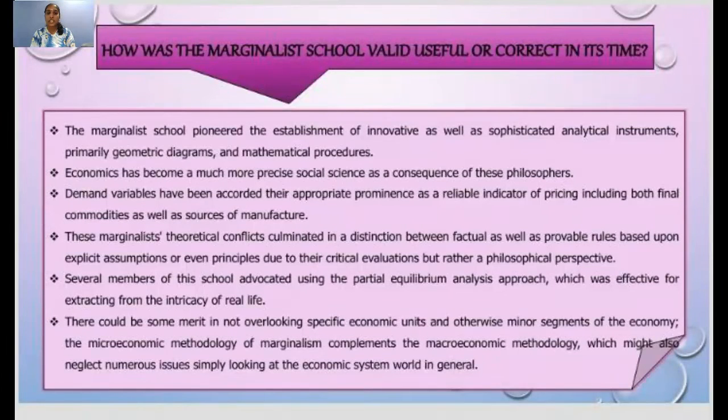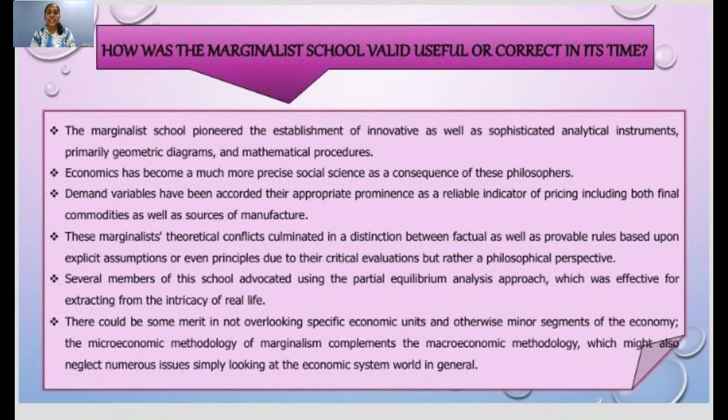Demand variables have been accorded their apparent prominence as a reliable indicator of pricing, including both final commodities as well as sources of manufacture.